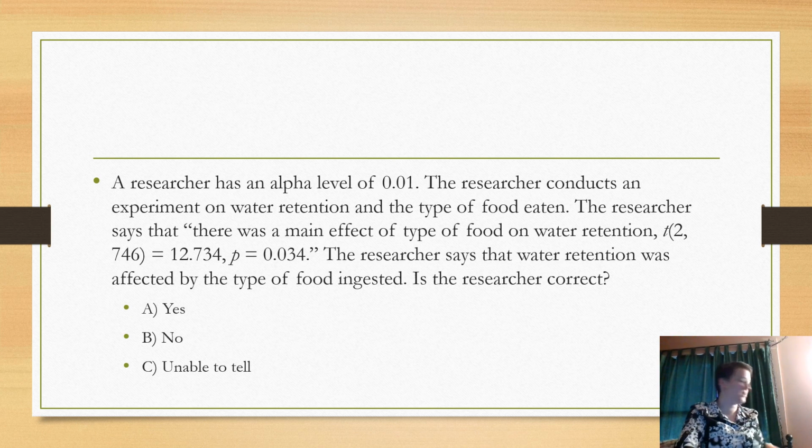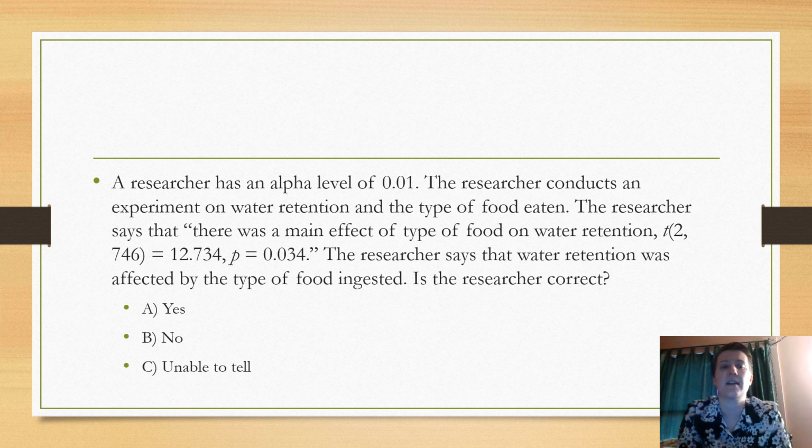Okay, so here's an example question. A researcher has an alpha level of 0.01, so alpha is set at 1%. The researcher conducts an experiment on water retention and the type of food eaten.